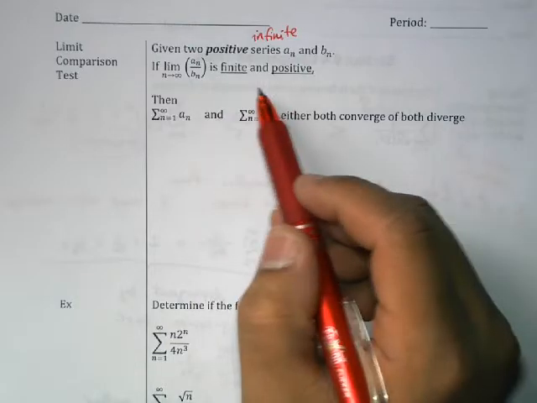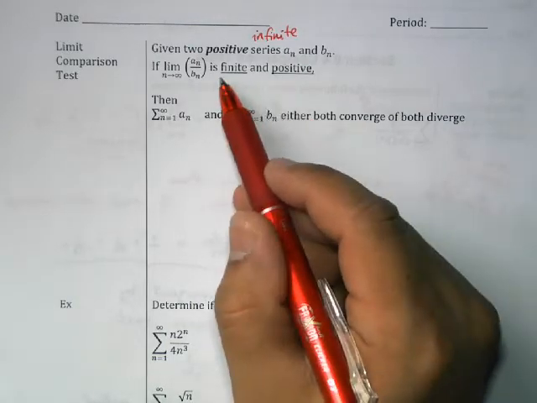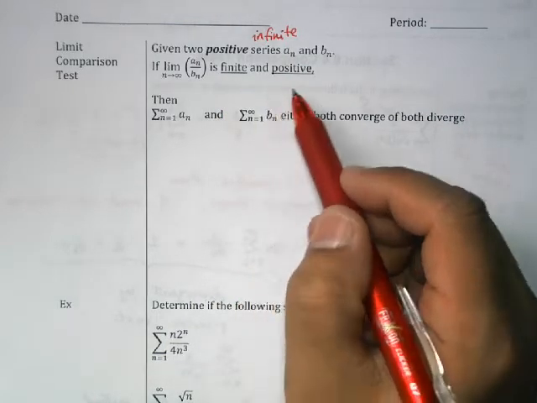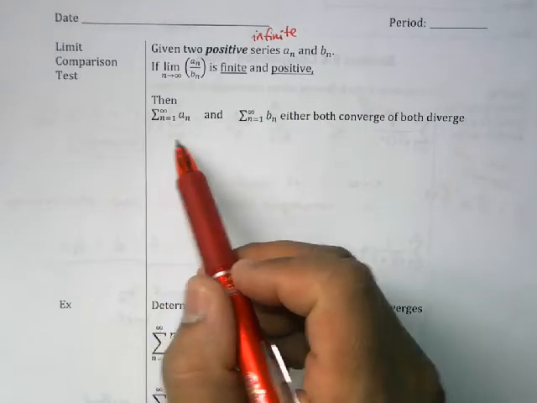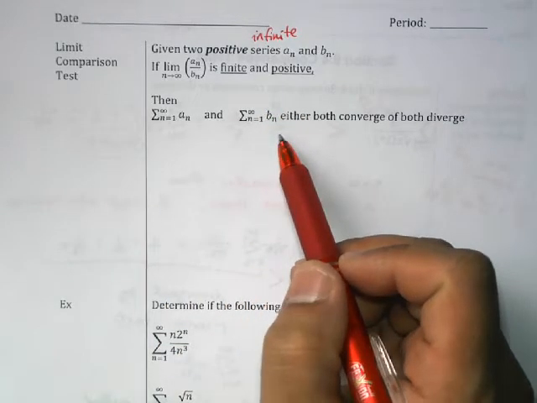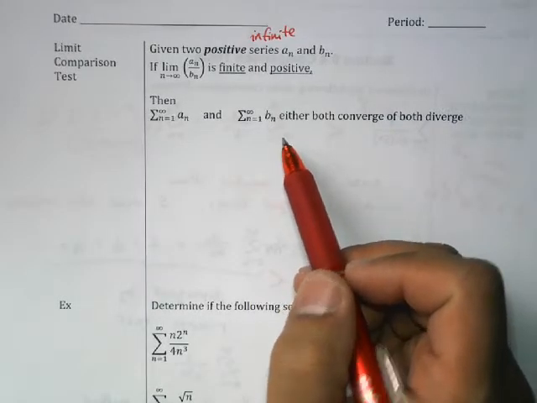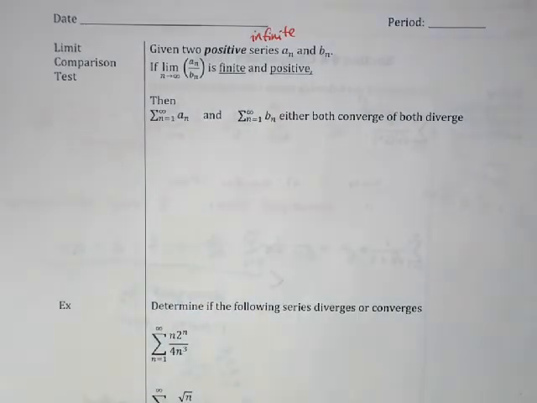If the limit is either infinity or 0, then this test does not work, so it must be finite and positive. Then either both of the series will converge or they both diverge. So this is just a way of saying that series that are very similar to each other will behave basically the same way.